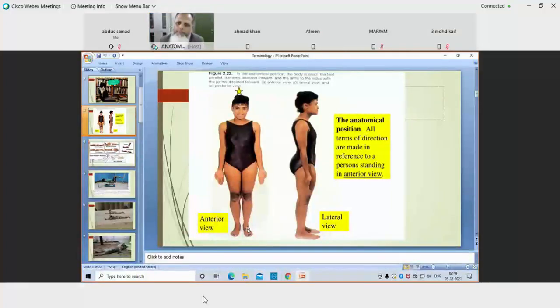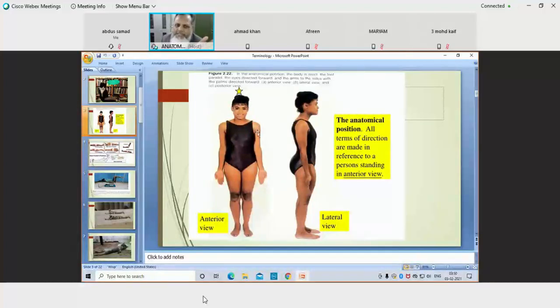No, sir. Yes, what are you saying? Sir, you said that the anterior surface of the hand is the flexor surface and the posterior surface is the extensor surface. Let me just make it clear. In the upper limb you have the arm, the forearm and the hand, all having an anterior surface.